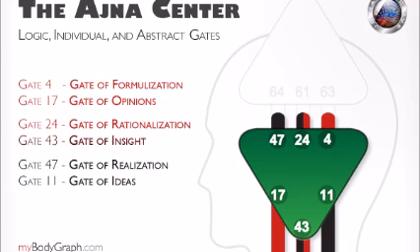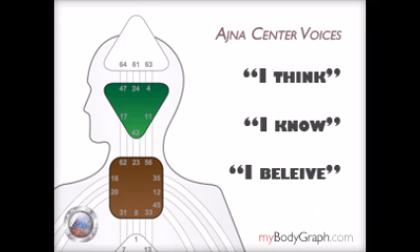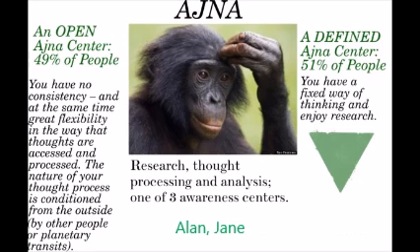The 47, 24, and 4 connecting possibly to your head, and the 17, 43, and 11 connecting to your throat. About even how many people in the population have a defined or an open ajna. 51% have it defined and 49% have it open.